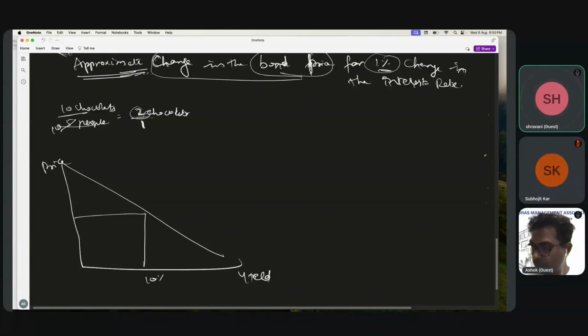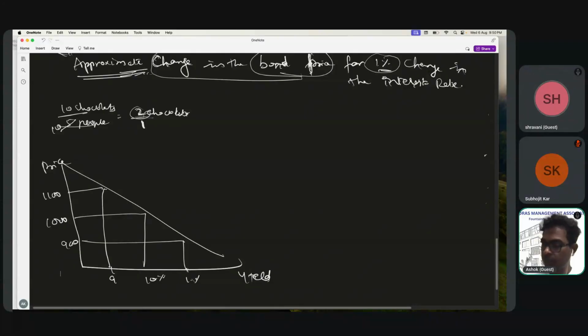At 10%, imagine 1000 rupees is the bond price. At 11%, it is 900, because when the interest rate goes up, the bond price should come down. Now at 9%, what should the bond price be? Linearly, if I calculate, it should be 1100, correct? But practically, the price goes a little higher.